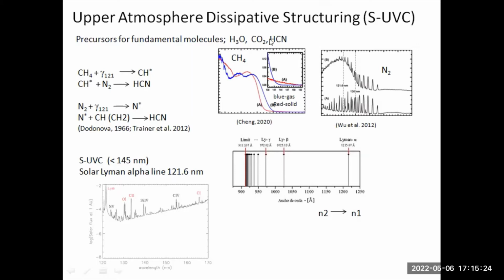But now, just to give you an example of this structuring at shorter wavelengths, how was hydrogen cyanide formed as one of the precursors for the fundamental molecules at the origin of life? Well, for example, if we have methane, which is also a very common molecule in the universe, excited with photons of 120 nanometers, which is the Lyman alpha line. This is the hydrogen spectrum.